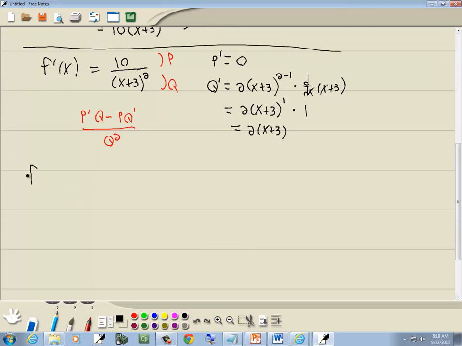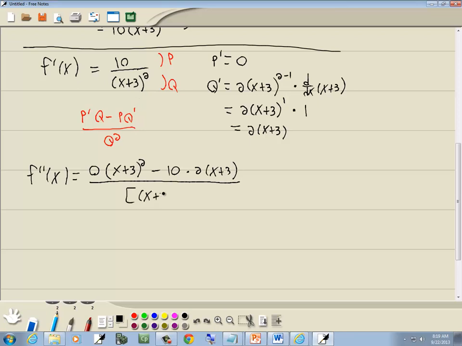So for our second derivative, let's plug in everything. P prime we said was 0. 0 times q, which was x plus 3 squared, minus p, which is 10, times q prime, which is 2 times x plus 3, all over q squared, so we're going to have x plus 3 squared raised to the second power.